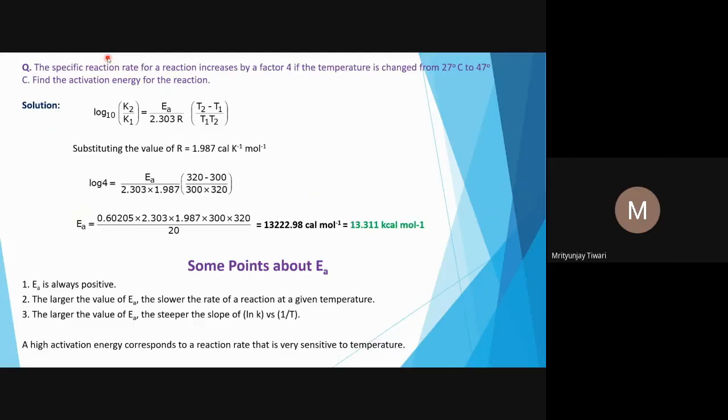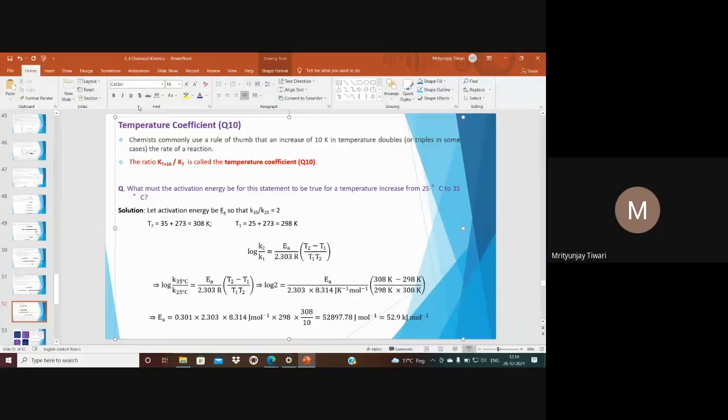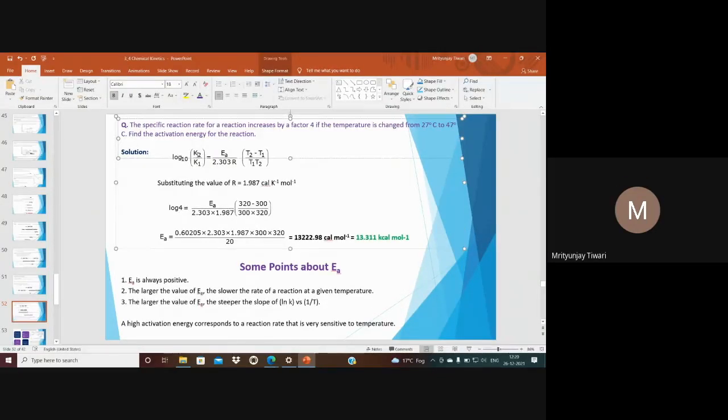And if the rate constant becomes 4 times because of the increase in the temperature, the rate will become 4 times. So if it is saying that the rate of reaction becomes 4 times, it means it is given that the rate constant becomes 4 times on increasing the temperature from 27 degrees centigrade to 47 degrees centigrade. This is the information that we need to understand.